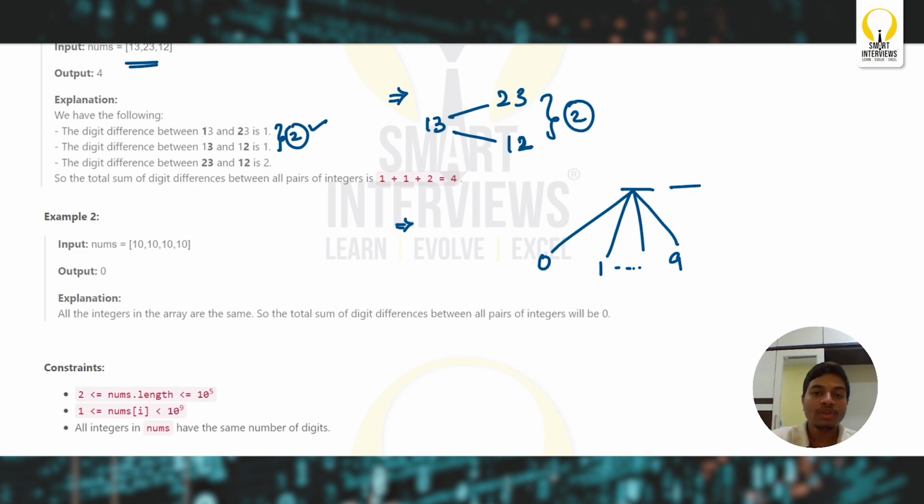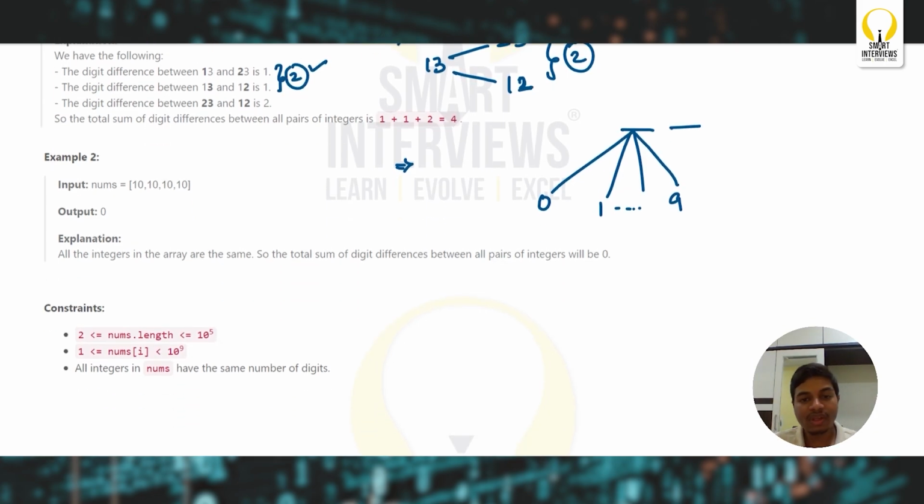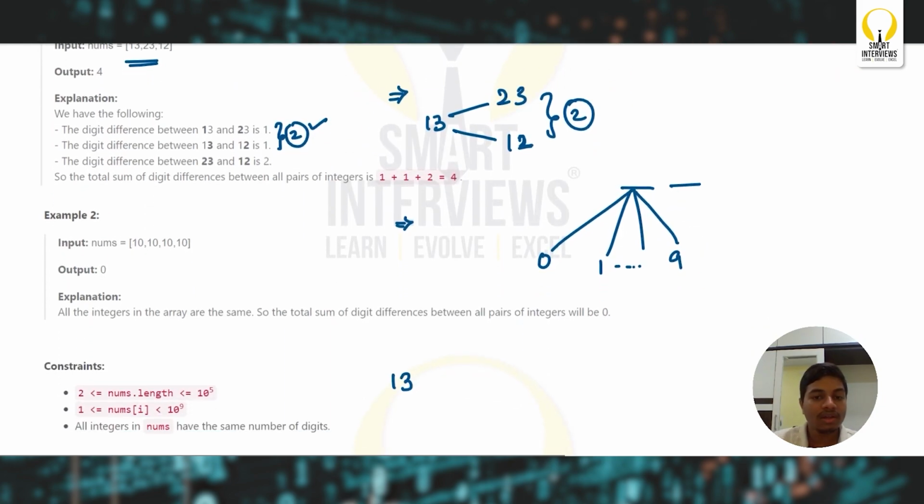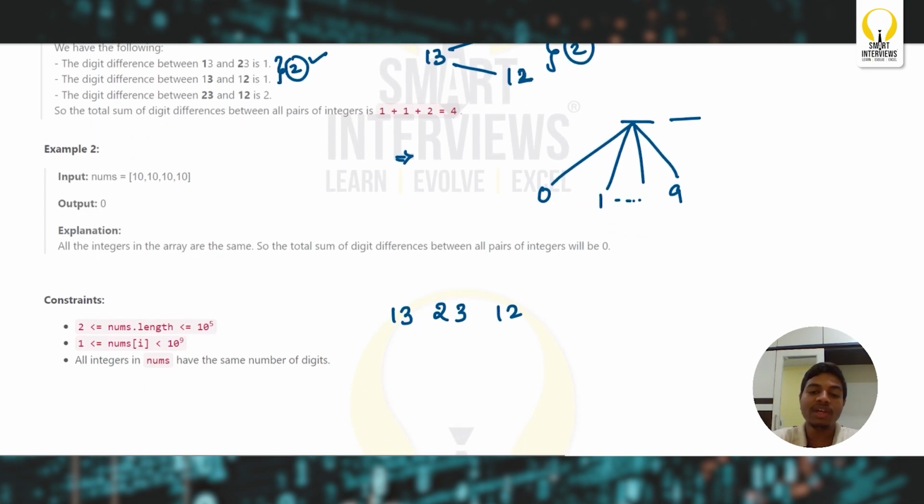Let us see. If you see here, 13, 23 and 12. 13 can make a pair with 23, as well as 12 can make a pair with 23.